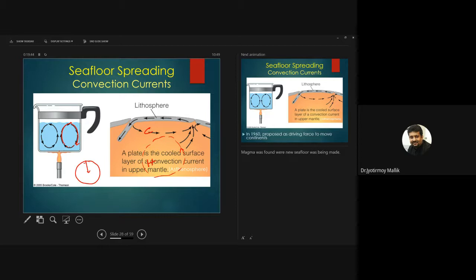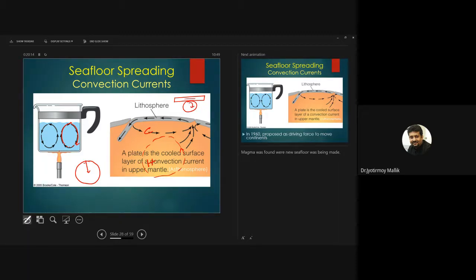And because this convection cycle actually happens, it's like if you have a ball which is rolling, and you put a plate, a slab, on the top of it, the slab actually translates. You understand my point, that if I have a solid slab, and here I have a ball, and this ball is rotating, what would happen to the slab?